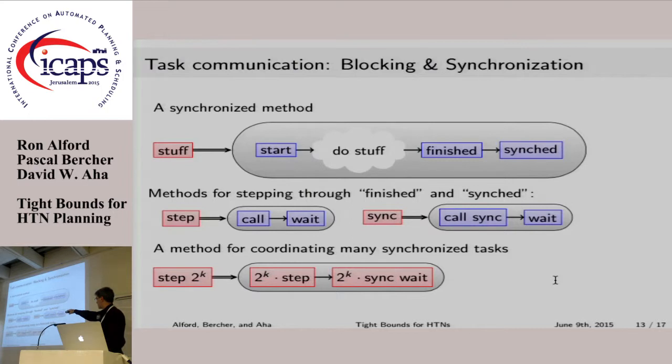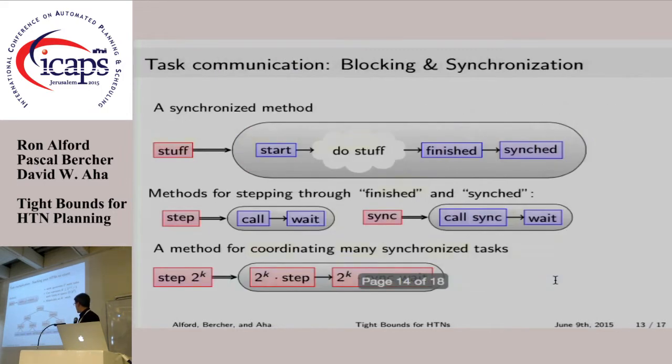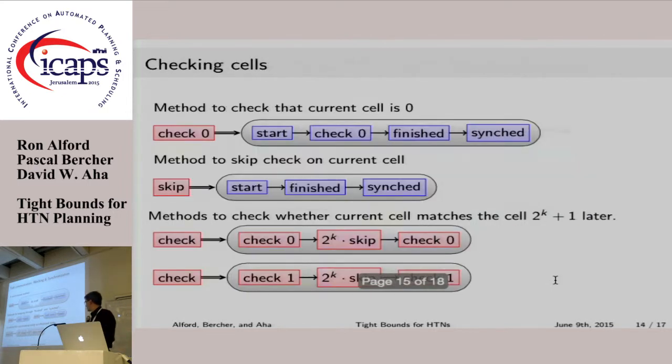So a step, which is a call for the start, wait on the finished, and a sync, which lets the sync primitive action fire and awaits on it. And we can coordinate a whole bunch of synchronized tasks by doing task multiplication from the previous slide. So I kind of skipped that part. We can step 2 to the k steps by first stepping to the k. That'll get a whole bunch of synced tasks waiting on us, and then 2 to the k sync waits.